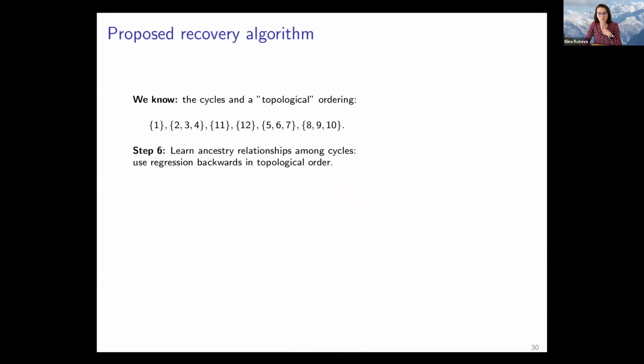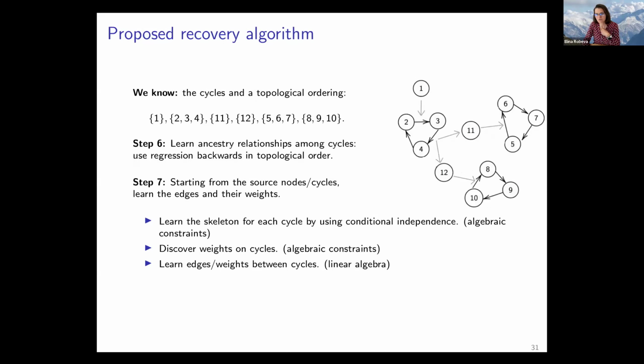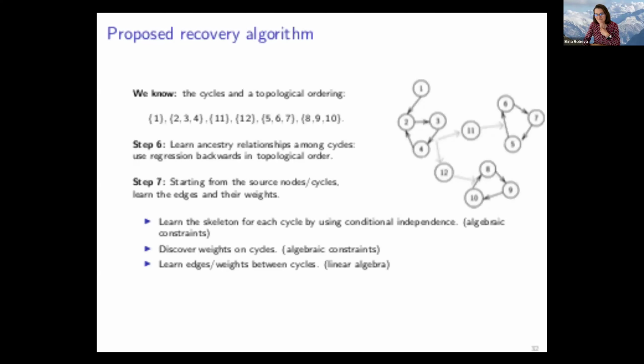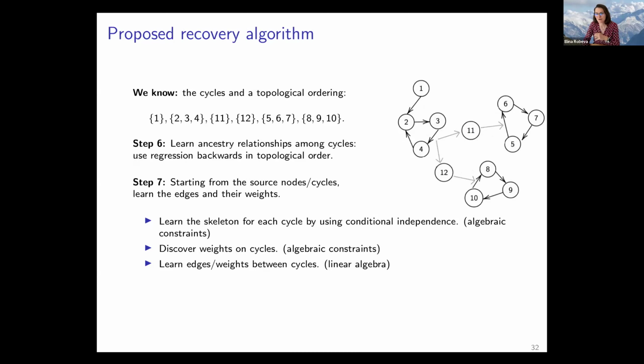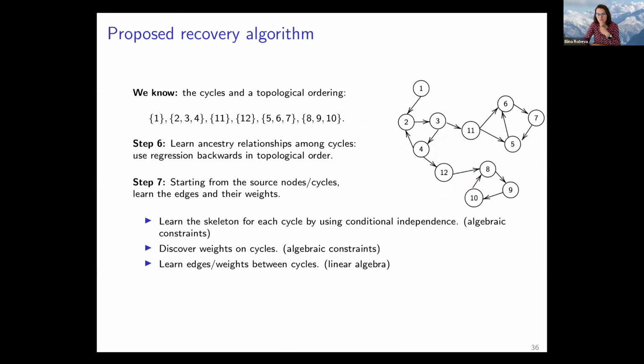Afterwards, we can learn by doing regression backwards in this topological ordering. We can learn exactly how they're connected, and using some additional algebraic constraints, and really just algebra, we can find all of the edges and all of the weights. I'm very happy to talk to you about this offline.